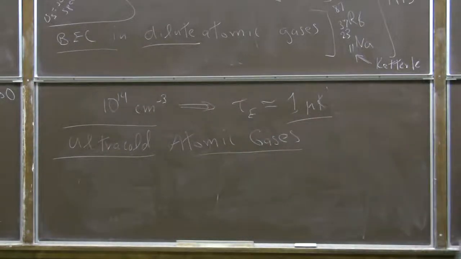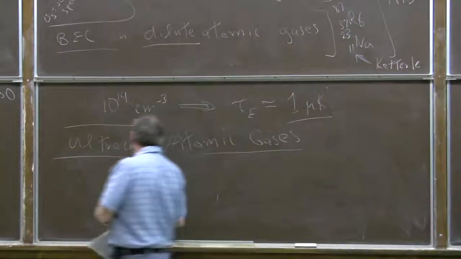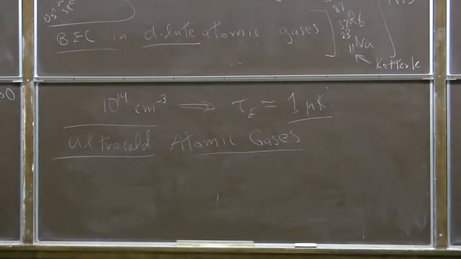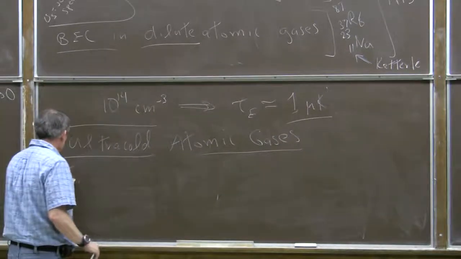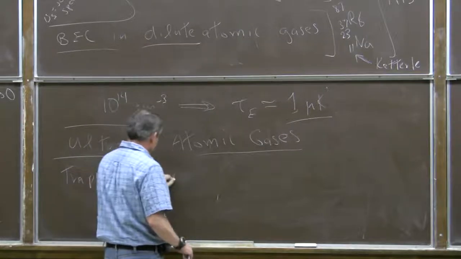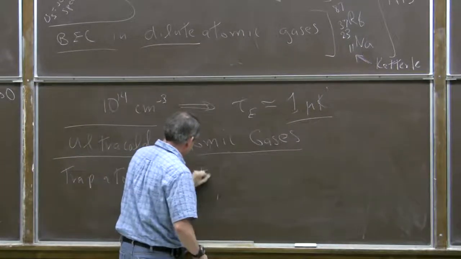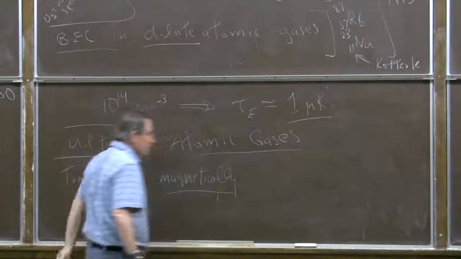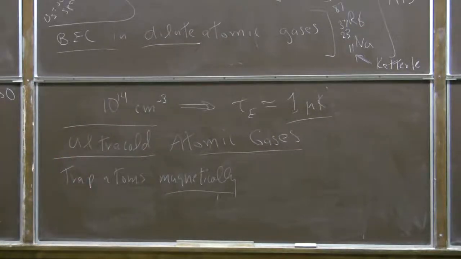Okay, so how do you do it? So first of all, you got to trap the atoms. Okay, how do you do that? Well, you can do that magnetically because the atoms have magnetic moments. What you need is an inhomogeneous magnetic field, which you remember will then apply a force to a magnetic moment.